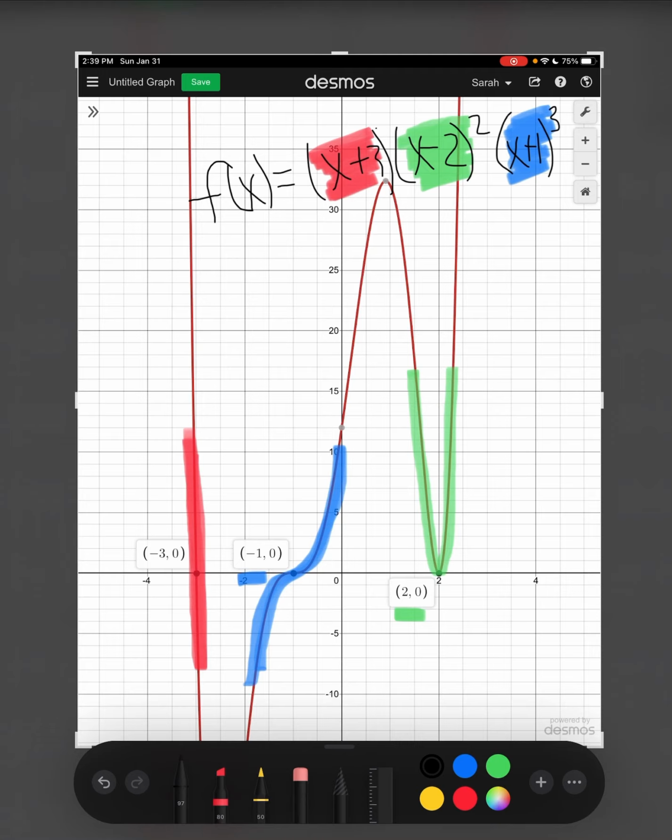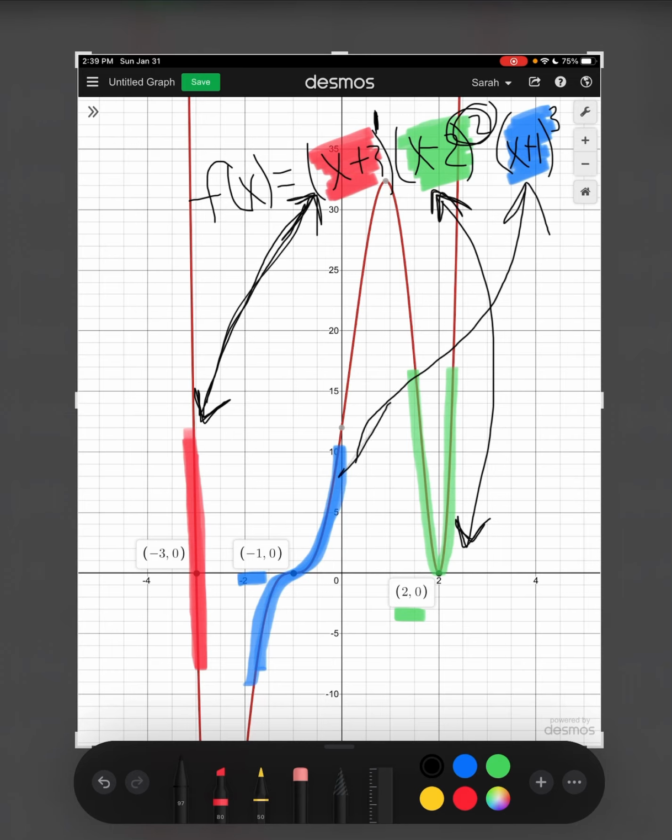So what I want you to notice here is that where the graph is cutting through in a way kind of like a straight line, the factor that gave us that zero has an exponent of 1. Where the graph is bouncing almost like a parabola, almost like something quadratic, the factor that gave us that zero has an exponent of 2.